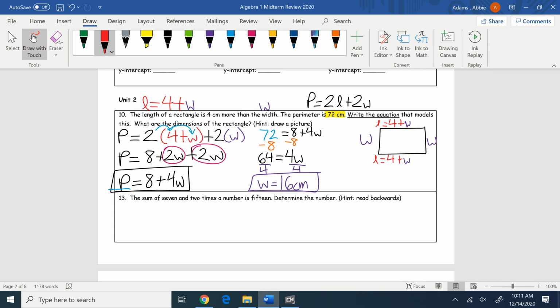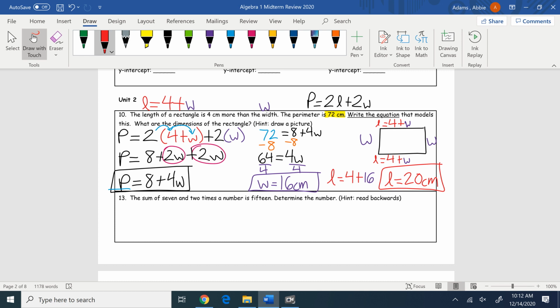So, my length is going to equal 4 plus 16. So the length for this perimeter is going to equal 20 centimeters. So now we have finished that problem. We've found the equation and we found the dimensions of the rectangle.